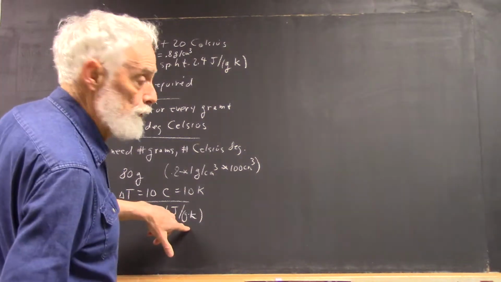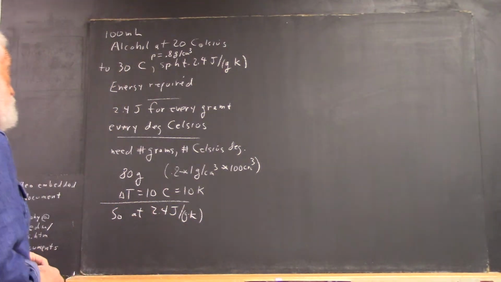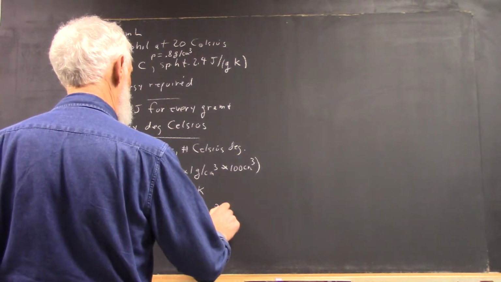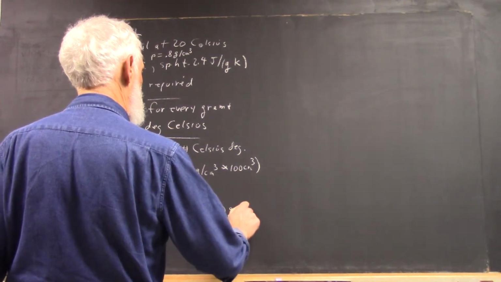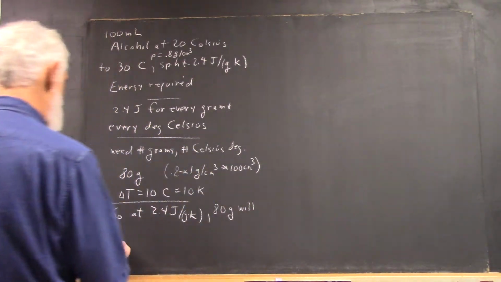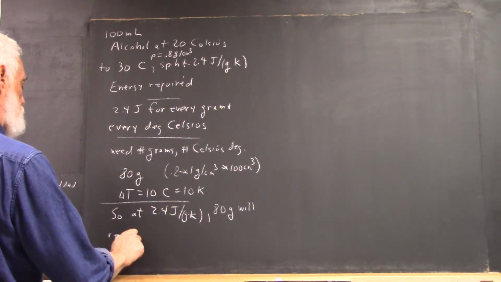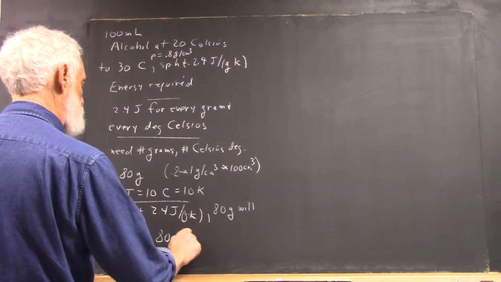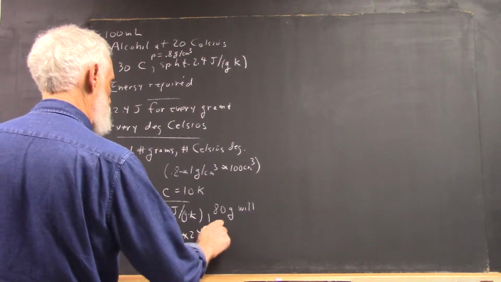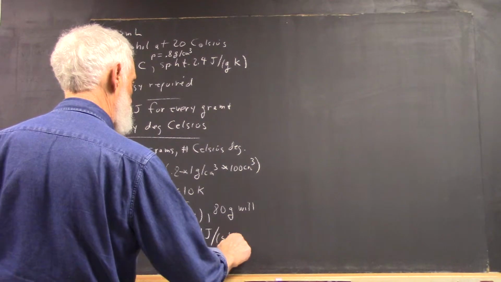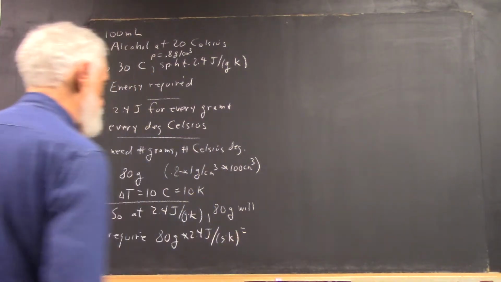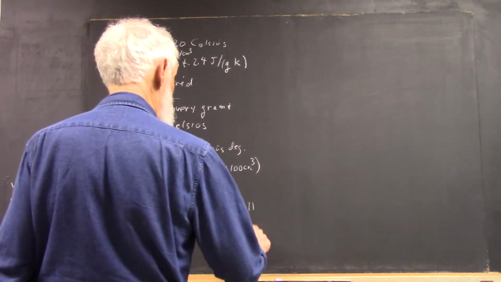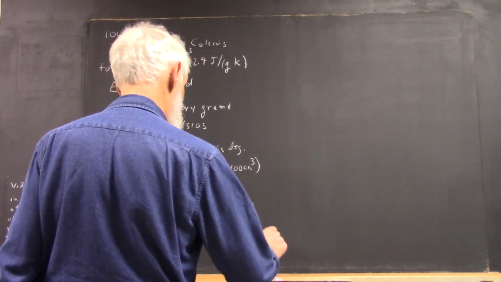At 2.4 joules per gram Kelvin, you multiply this by this, get 192 joules if I did it right. Check my arithmetic.